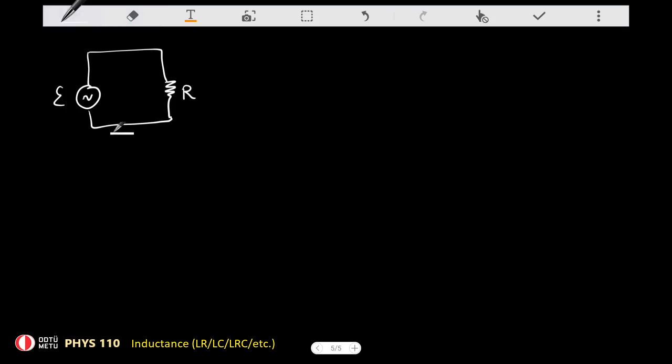Suppose that we have some other circuit elements as well, and all I'm interested in is the potential drop in here. So let's forget about all the other details and just talk about the current and the potential drop. Let's say that the current is equal to I0 times cosine of omega t plus phi.